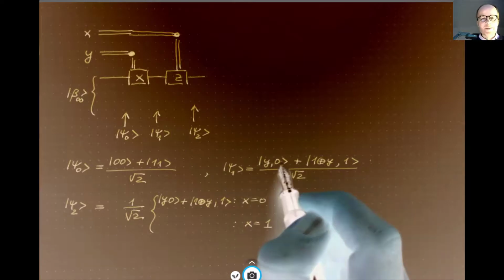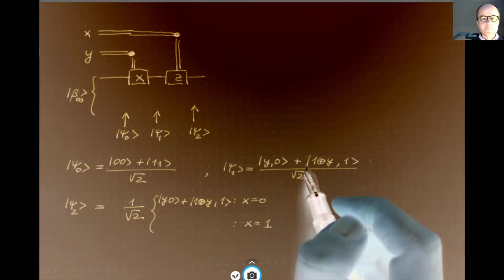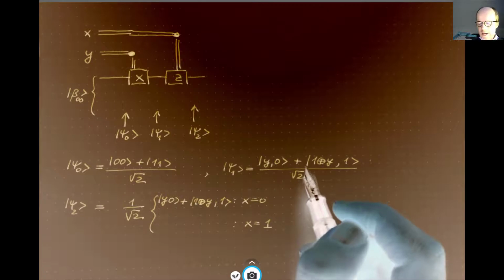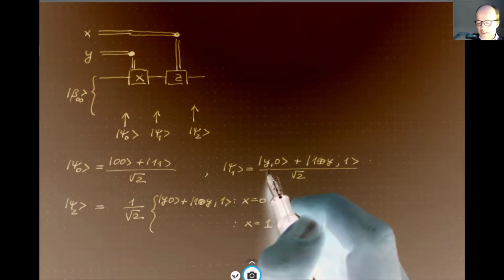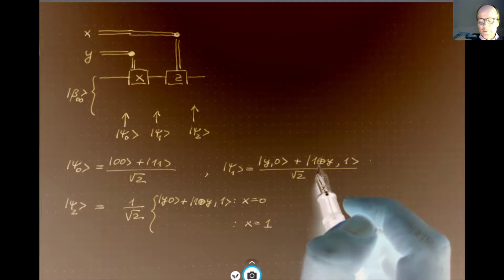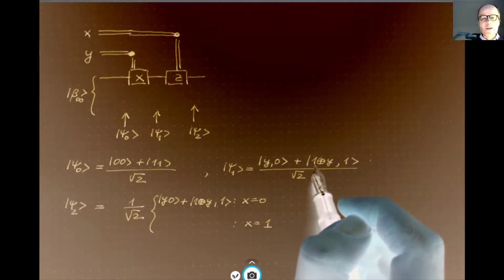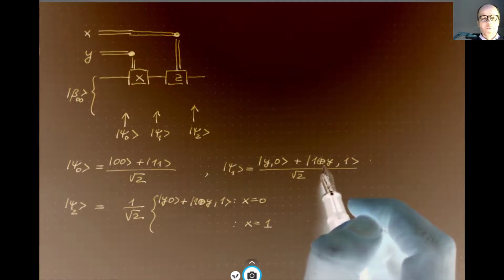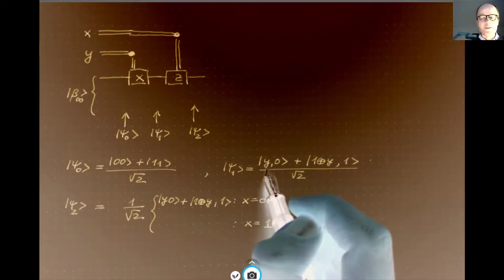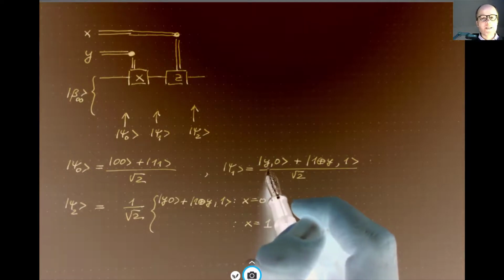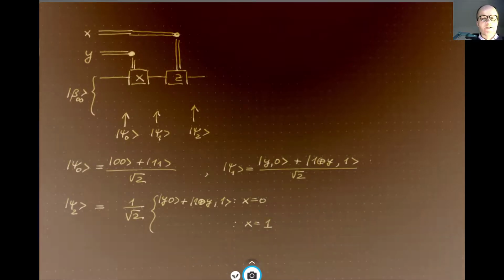So there's several possibilities here. However, what is certain, regardless of the value of y, the prefactor in front of |1 plus y> will be minus the prefactor in front of |y>. So there will be a relative minus sign. There might be an overall sign, which we don't care about because overall phase factors and overall signs are physically irrelevant.